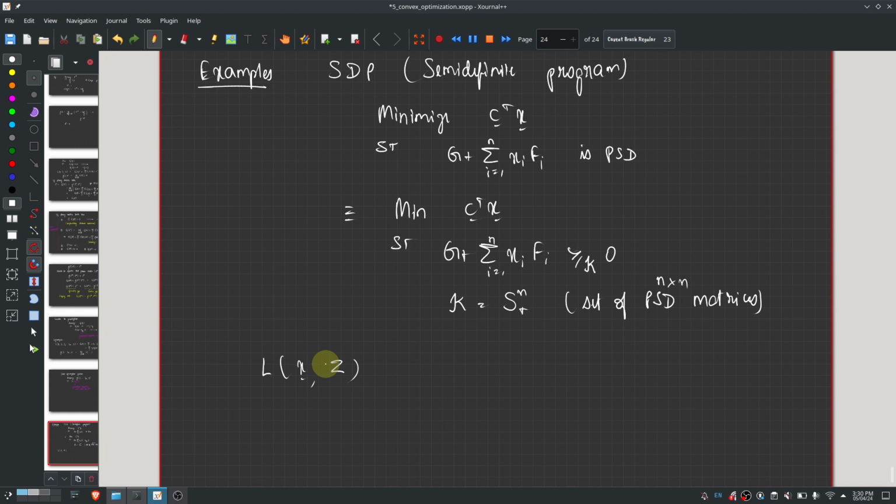I'll call it Z. This is going to be n by n symmetric. So I don't really have n square many entries. I only have n into n plus 1 by 2 distinct entries.